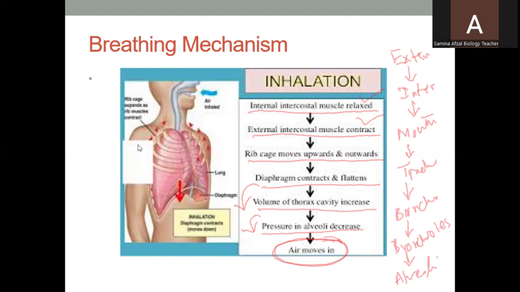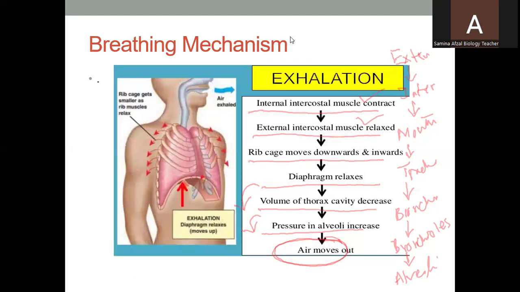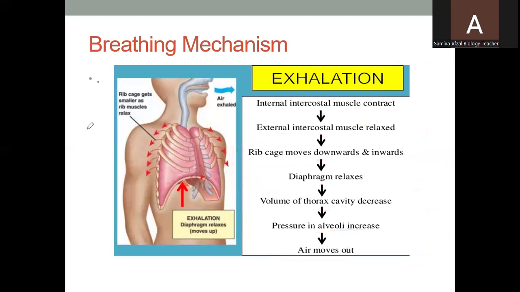And this is called inhalation, in which the different parts of the respiratory system play a vital role. In the next slide, we will discuss the process of exhalation, when we exhale out the air, and how the different parts are involved. With the alveoli, now it will be the opposite.